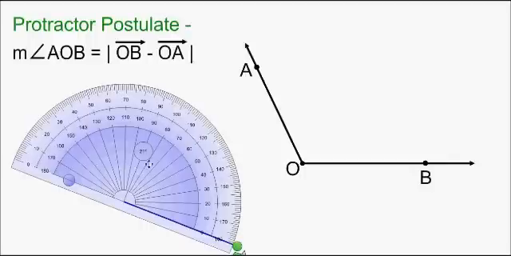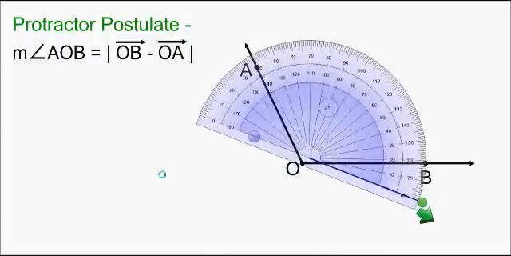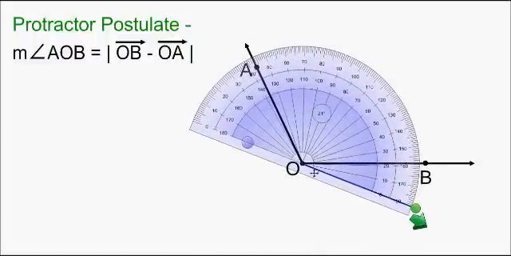Okay, the protractor postulate. This here is a protractor. We've used them in class now before. And protractors are used to measure angles, just like a ruler is used to measure length. So the protractor postulate tells you how to use the protractor, and I'll demonstrate that for you now. We'll practice this more in class also. So you want to take this part of the protractor.